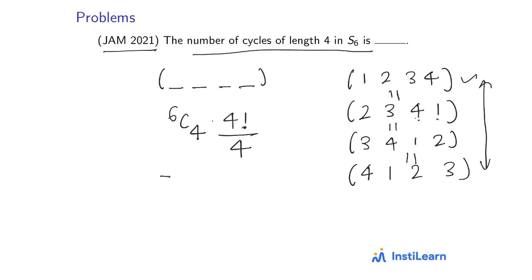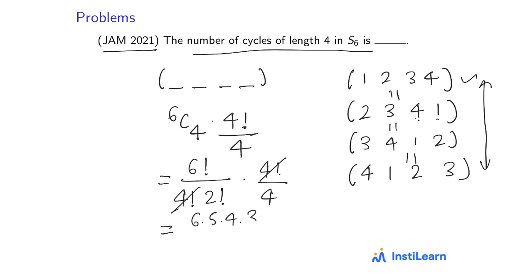So the total number would be 6C4 times 4 factorial over 4, which is 6 factorial over 4 factorial 2 factorial, times 4 factorial, over 4. 4 factorial cancels, and you get 6 into 5 into 4 into 3, 2 factorial cancels out, divided by 4. 4 cancels out, you get 6 5s are 30, into 3, 90. So there are 90 cycles of length 4.